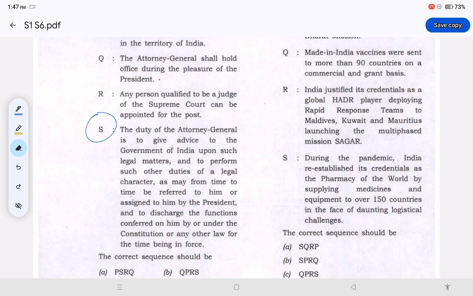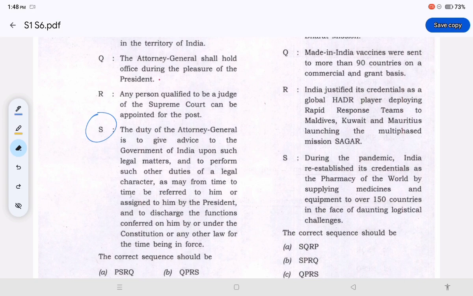The duty of the Attorney General is to give advice to the Government of India upon such legal matters and to perform such other duties of a legal character as may from time to time be referred to him or assigned to him by the President. Now you see, this sentence elaborates further that the president is involved, the president is assigning him the task.